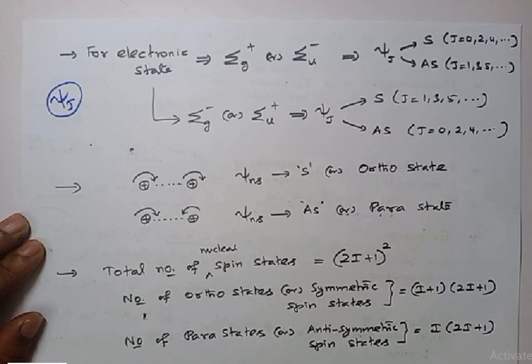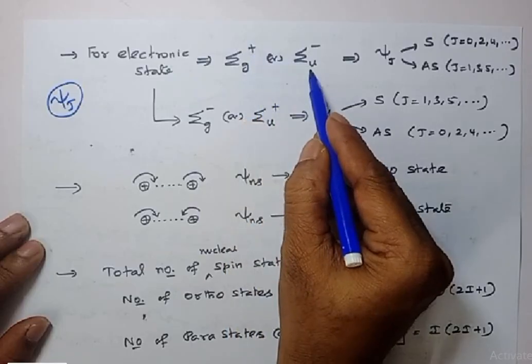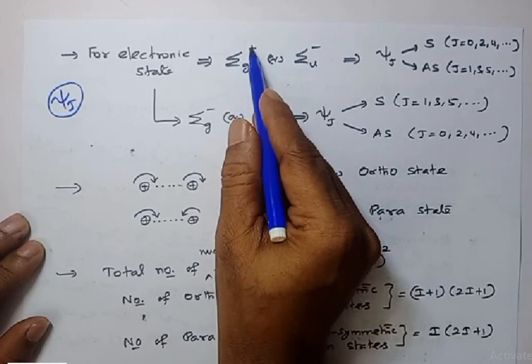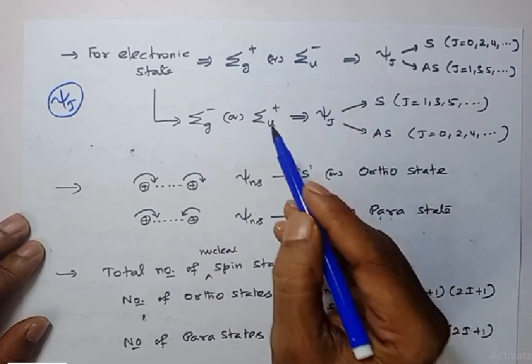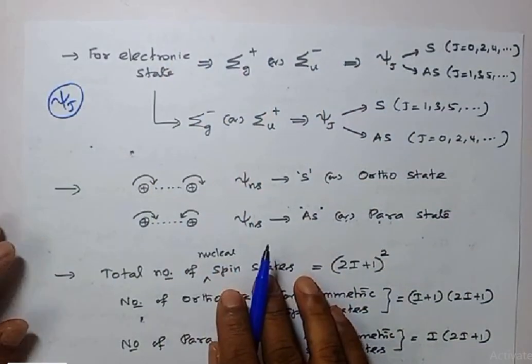So if the electronic state is sigma gerade plus or sigma ungerade minus, gerade plus is symmetric, ungerade minus is also symmetric.